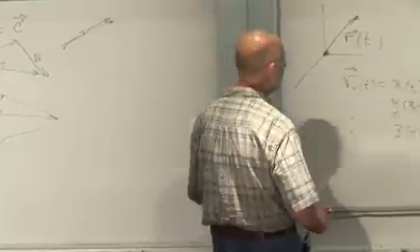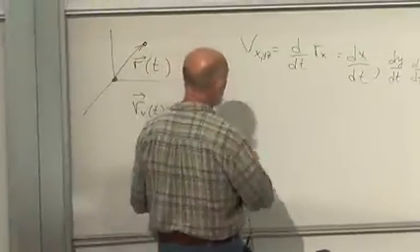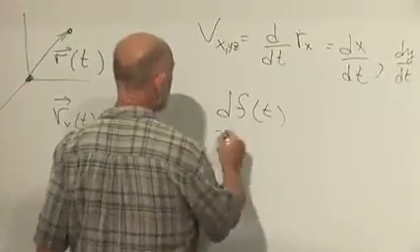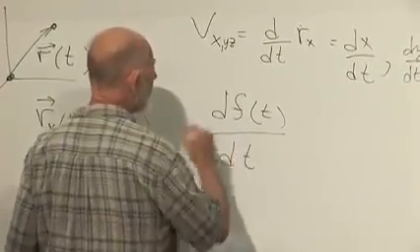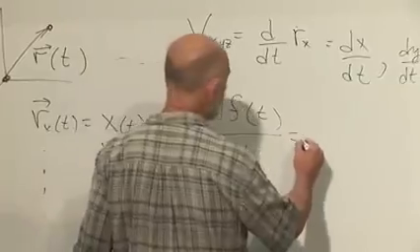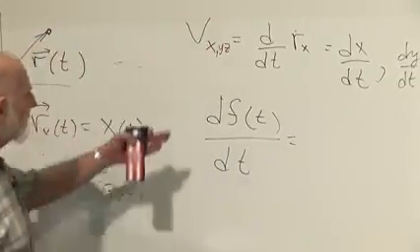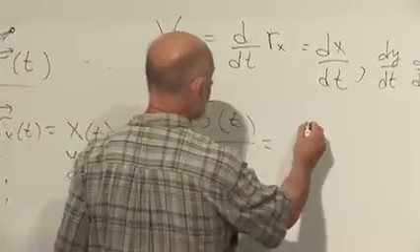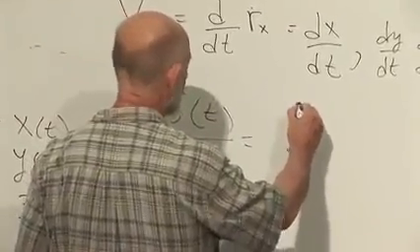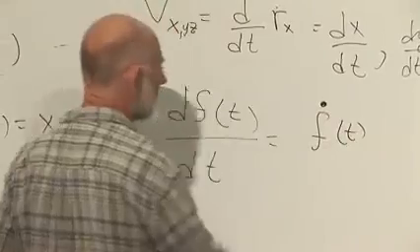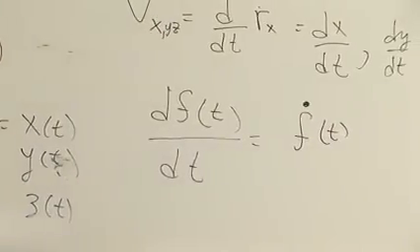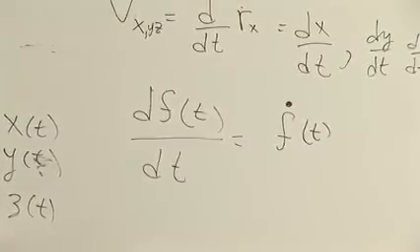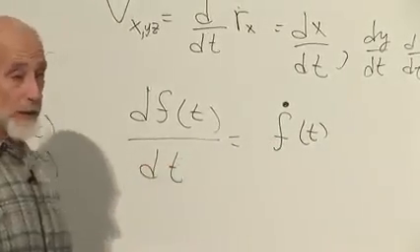The derivative of any function of time, with respect to time, in order to keep from having to write d/dt over and over, is labeled by putting a little dot on top of it. The definition of a dot on top of a function is its derivative with respect to time.